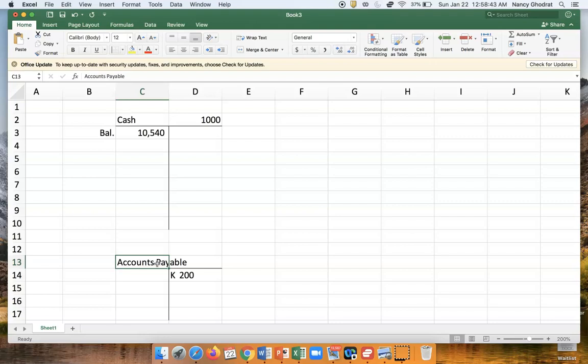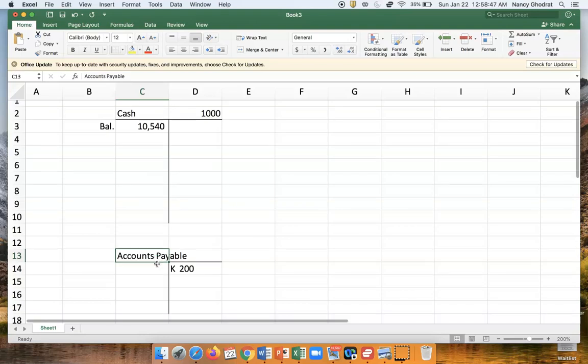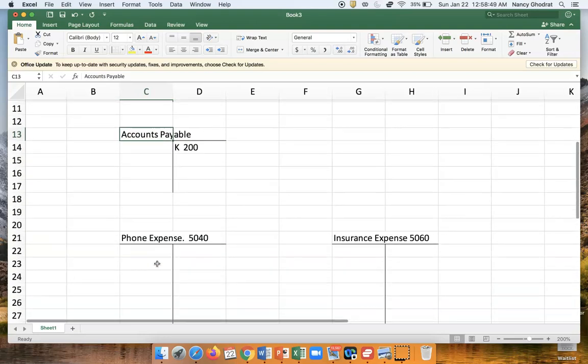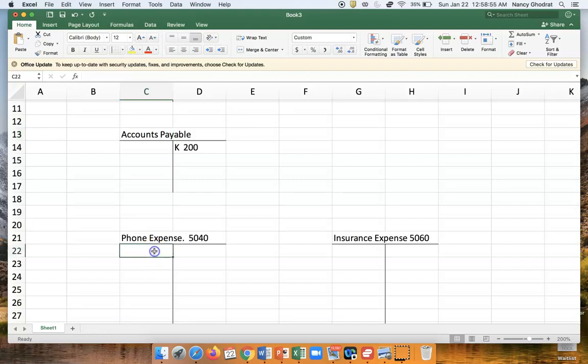So that's the credit side of the transaction. But because the phone bill is considered an expense, the cost of running the business, expenses increase by a debit. That's the rules of debit and credit. So we're going to debit phone expense in our T accounts.